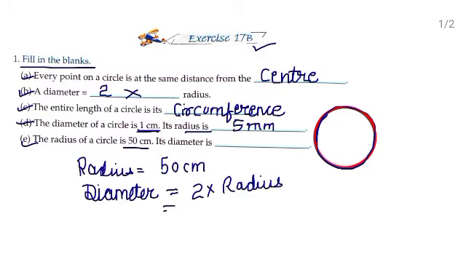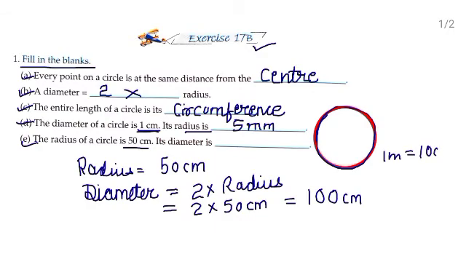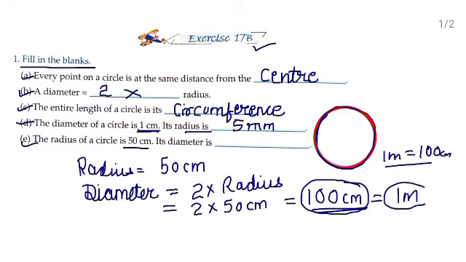So put the value of radius, 2 multiply 50 centimeter. When you multiply 50 by 2, you will get 100 centimeter. And you know that 1 meter is equals to 100 centimeter. So this 100 centimeter can be written as 1 meter. Clear? So your answer can be 100 centimeter or 1 meter.